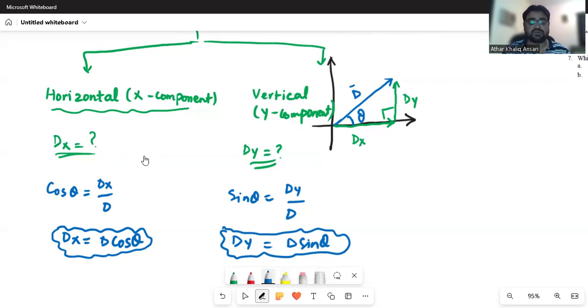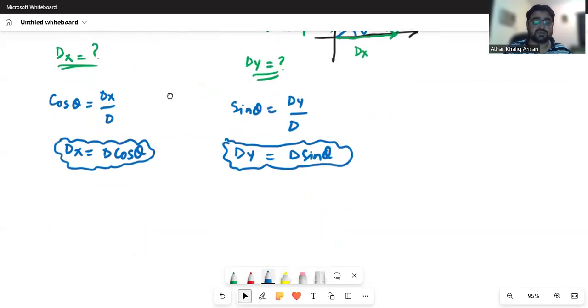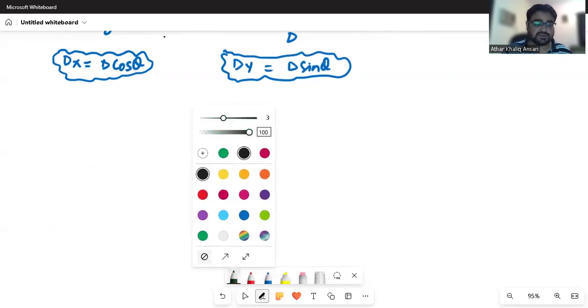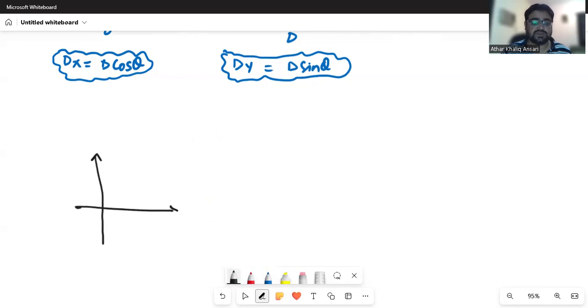But if I change the figure and it comes like this, you might say this is the x-axis, or simply the eastward direction, and this is the northward direction, and this is the velocity vector at some angle theta. In this case, your components might change.